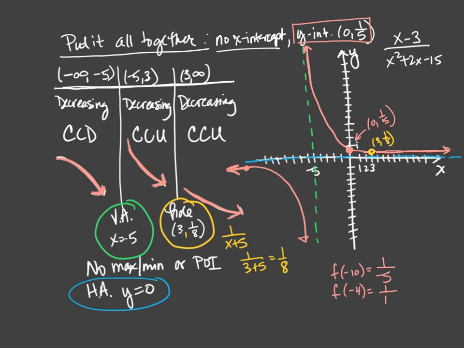So at -4 it's approximately 1. Didn't really do this to scale, so you'll have to forgive me there, but we still get that the point is above the x-axis. So then I know that my graph goes through here, goes through the y-intercept, that I also know that that's above the horizontal asymptote, so that's another indicator. And then I go past my hole and go out to the other side for the horizontal asymptote.